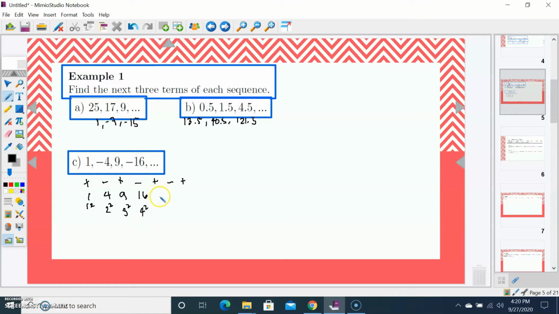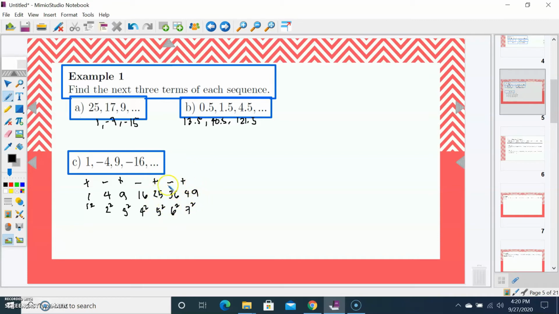So what do you think is the next square number after 16? That is 25. Next, we have 36, and then we have 49, because we have 5 squared, 6 squared, 7 squared. So these are the numbers that we are looking for.